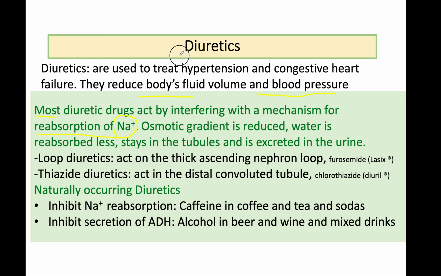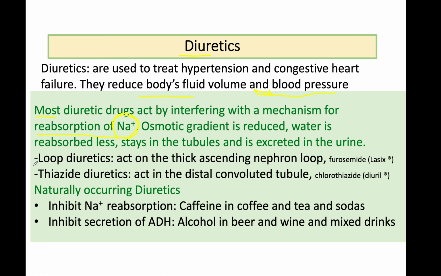So that's why diuretics make the person urinate a lot. And because the sodium is not reabsorbed, the blood osmolarity will become less, and also the blood volume will decrease, and that will decrease the blood pressure.